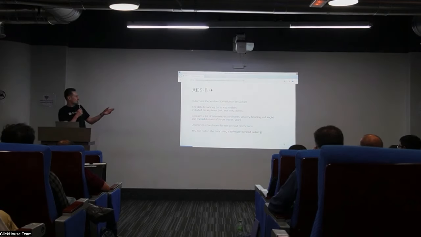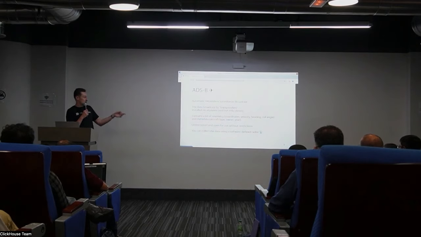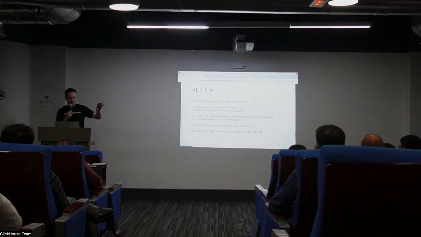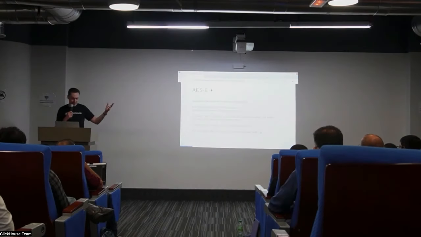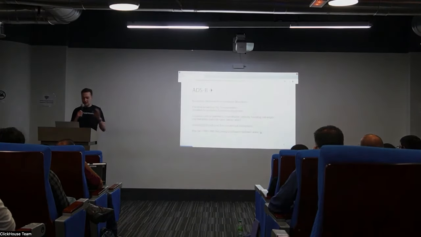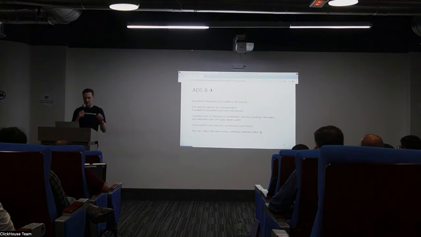And this data contains information about coordinates, velocity, heading, roll, whatever. Even metadata like aircraft types. It is unencrypted. It is open for use without any restrictions.